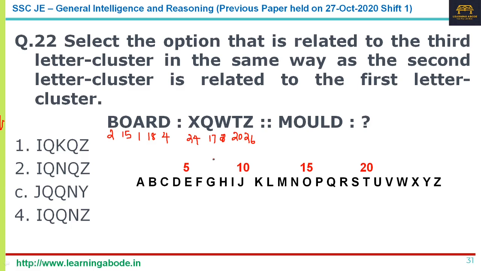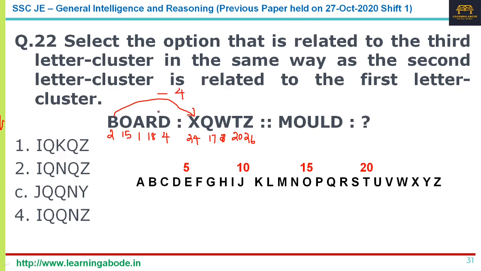Okay, so we have 24, 17. And so what is the relationship that you are getting? Now 2 becomes 24. That is go reverse minus 4.